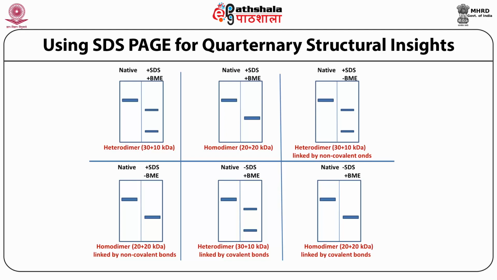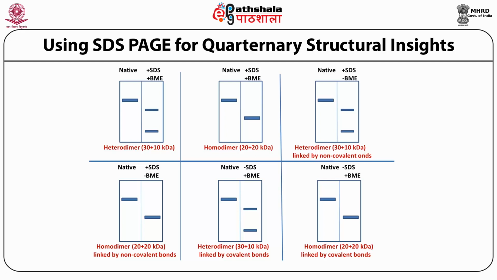And lastly, in the sixth situation, we have a single 40 kilodalton band on the native gel and another single band on the denaturing gel with beta-mercaptoethanol.